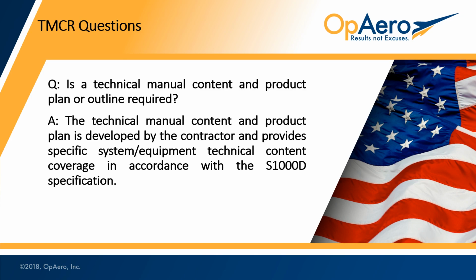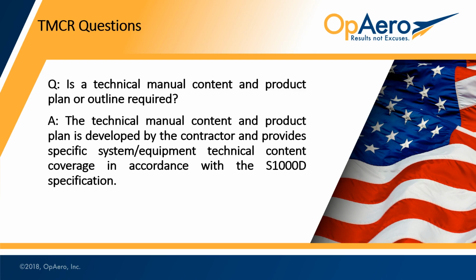So most IETMs in the aviation commercial world are developed within the ATA structure, the Air Transportation Association structure, with definitive chapter identification for engines or electrical components, and those are really what's driving the specification, that standard numbering system. So that should be included in your tech manual content and product plan as your SNS layout of the ATA chapters.